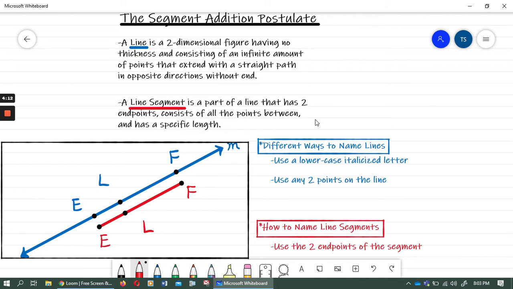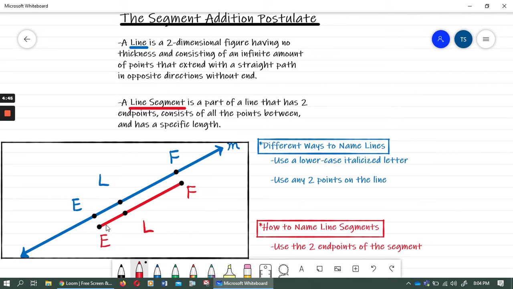The blue part is a line. The red figure is a line segment. Within that blue line, there is a line segment, and I've taken that and drawn it separately in red.